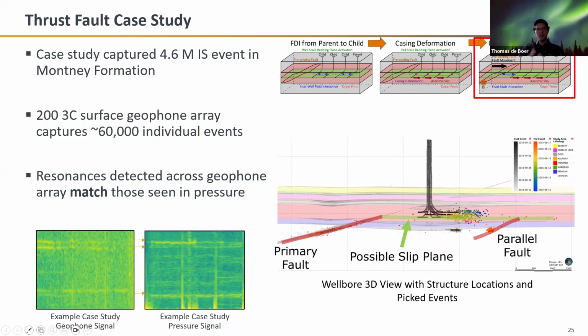And in terms of prediction, what we're looking at there is assessing the risk. We've seen a strong correlation between large releases of energy and these detrimental casing deformation or induced seismic events. So we're seeing that this energy release process, which is tied to the deformation, comes before these large scale slips, which can result in casing deformation or induced seismicity.